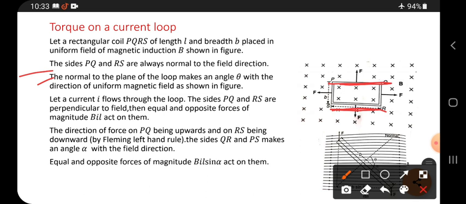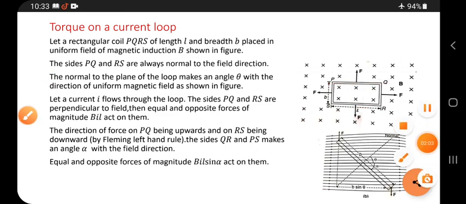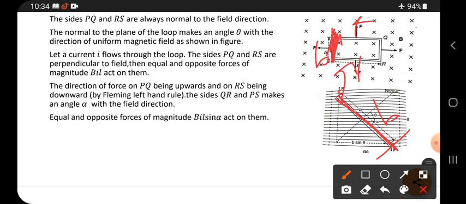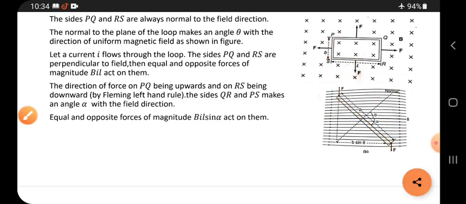The normal to the plane of the loop makes an angle theta with the direction of the uniform magnetic field, as shown in the next figure. Okay friends, see here, the PQ side and PS side are kept like this. PS side's breadth is b. So from here to here it is b, and this force is taken this side and this force is taken downside.